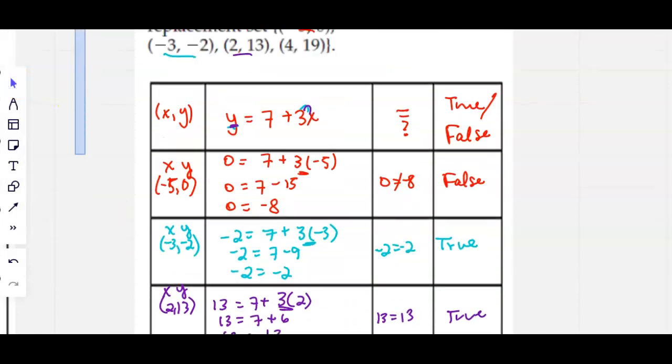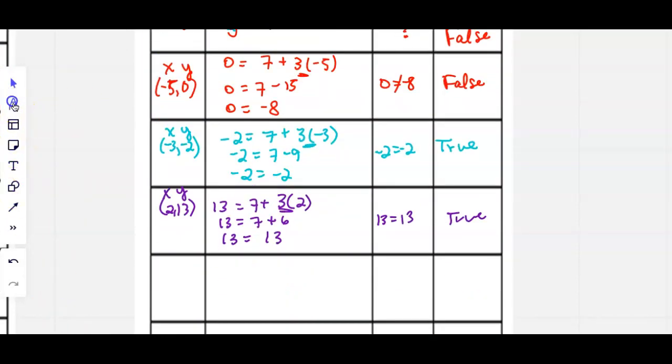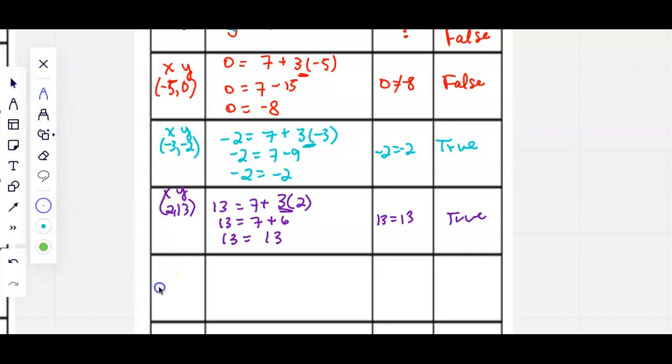All right, the last one up here was 4, 19. Change it now to, I guess, green. 4, 19. 4 comes first, that's x. Y comes second, so that's 19.